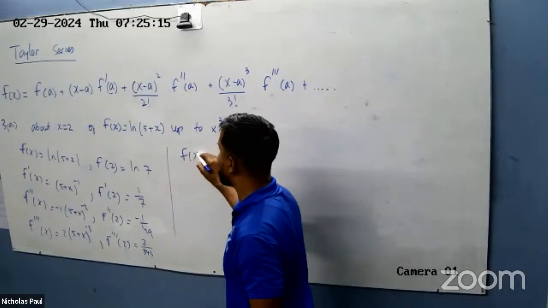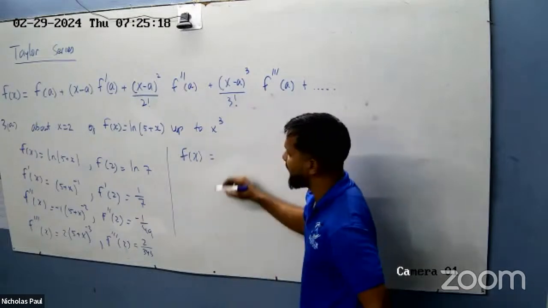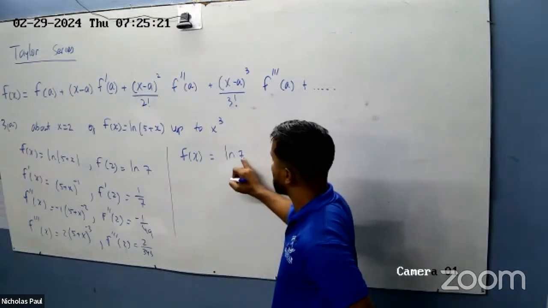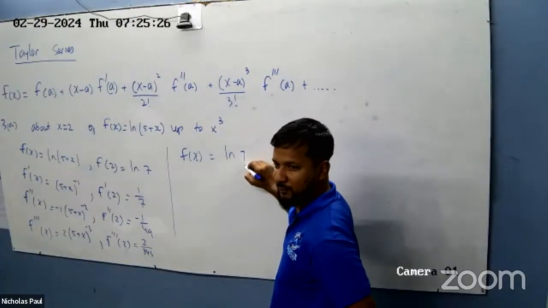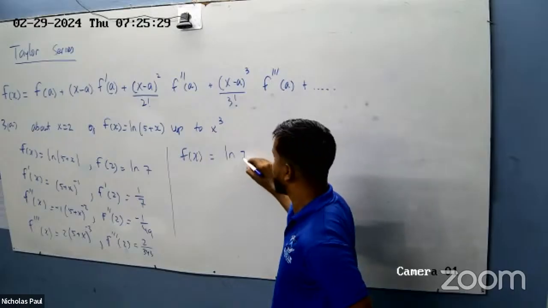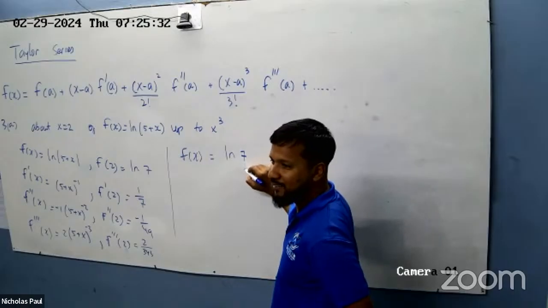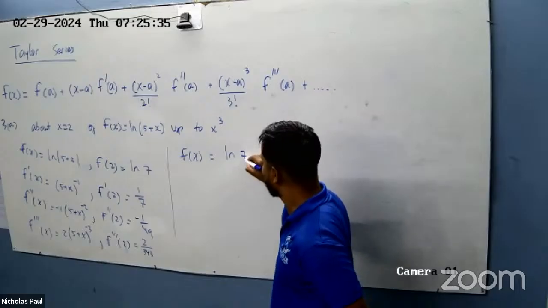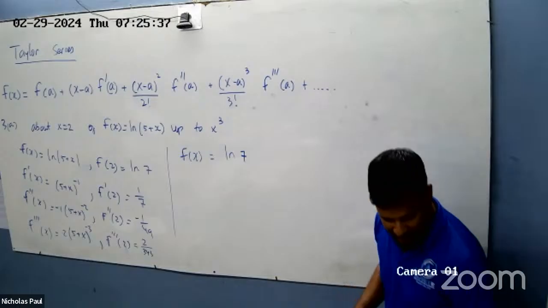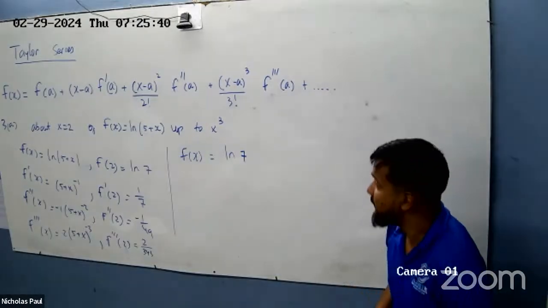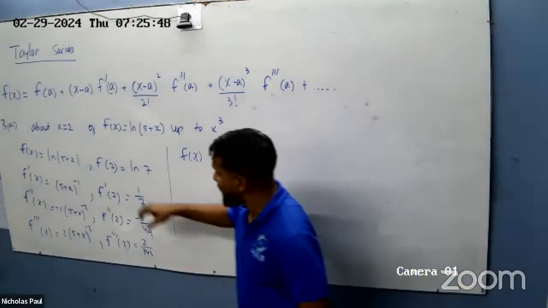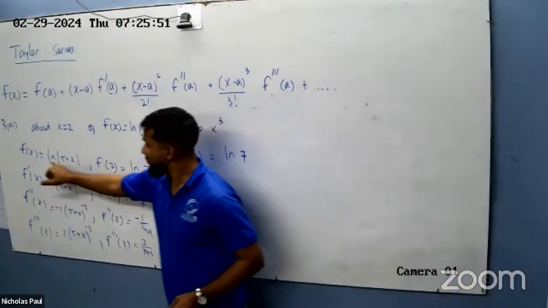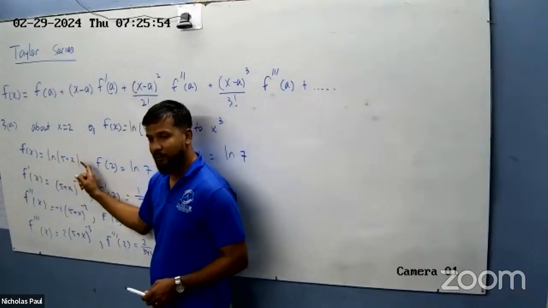So I'm just going to take it now and substitute, right? It means that f of x is equal to f of a, which is ln 7. Remember f of x is this, so f of 2 will be 5 plus 2.